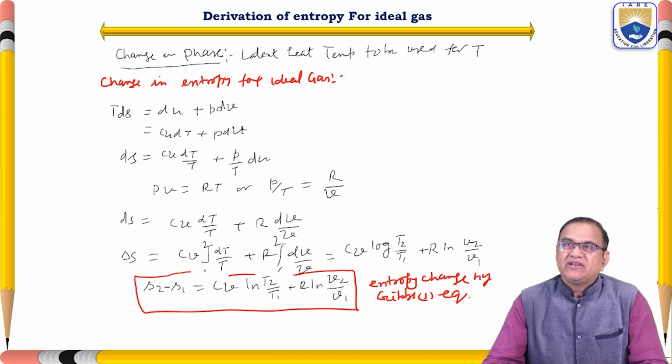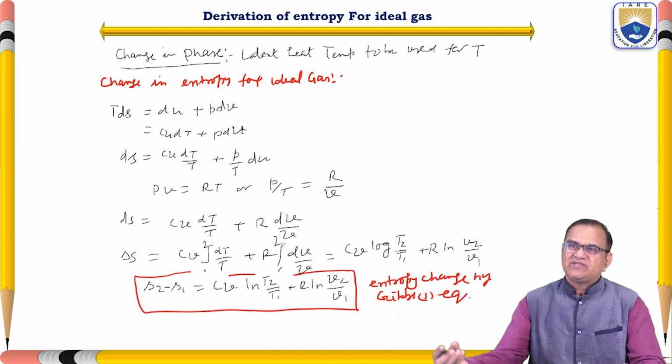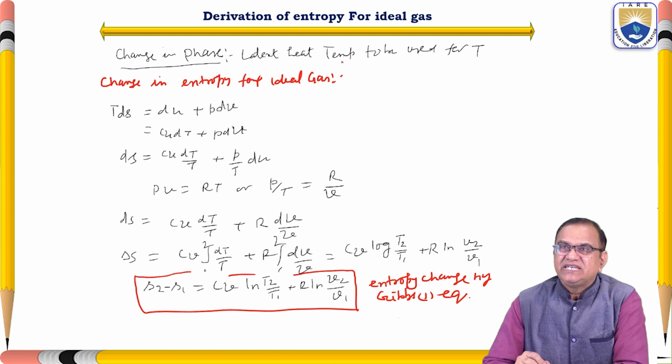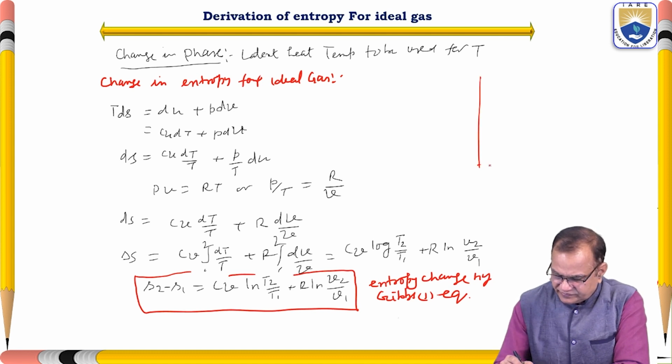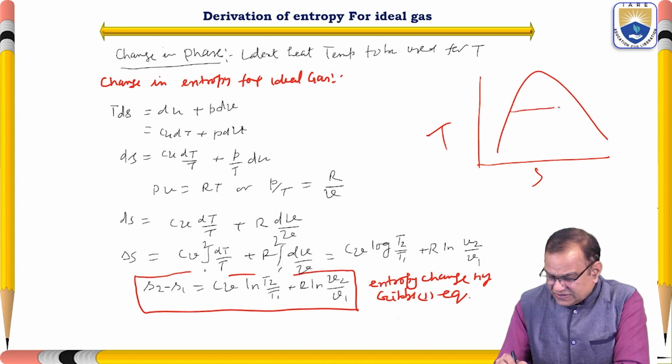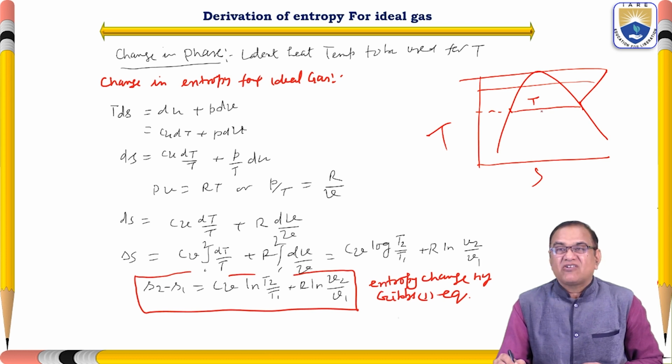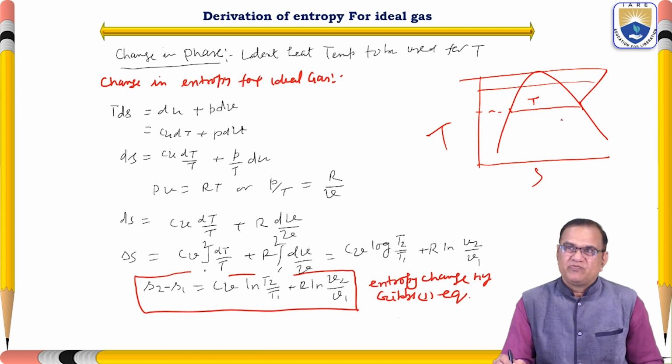Now, derivation of entropy for an ideal gas. First, when there is a change in phase, the latent heat temperature is to be used for T. If it is a TS diagram and the change in phase goes from here to here, you use this temperature, because it remains constant inside this dome.